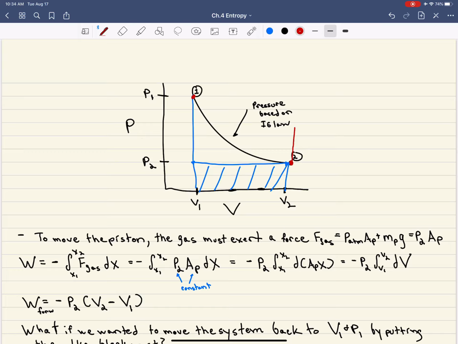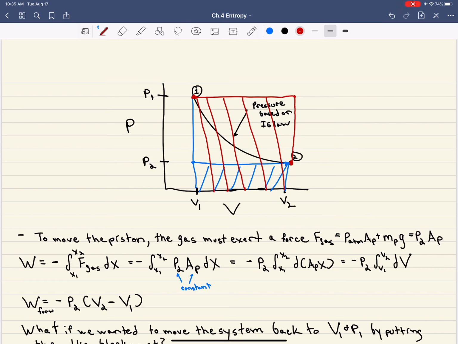But the way we split it up is we first go to pressure 1, and then we go to volume 1. Okay? And the work associated with the backwards case can be visualized as the area underneath this new red curve.